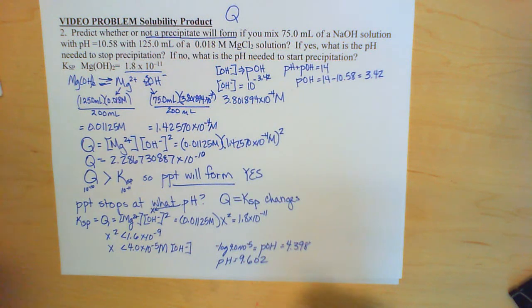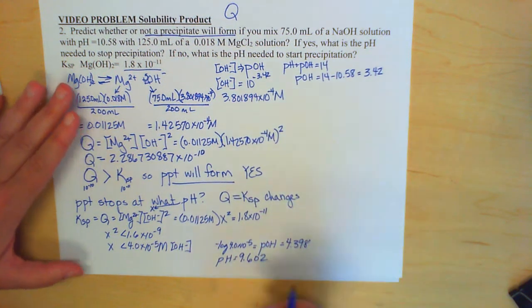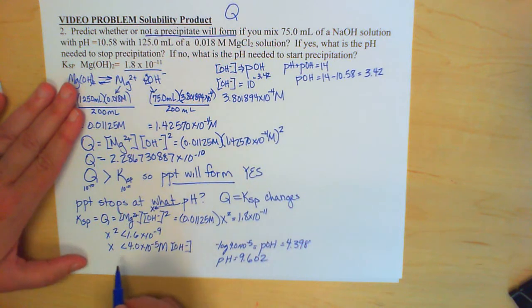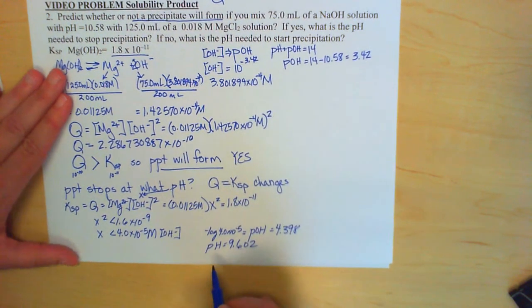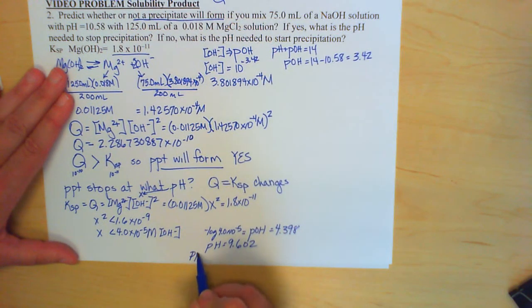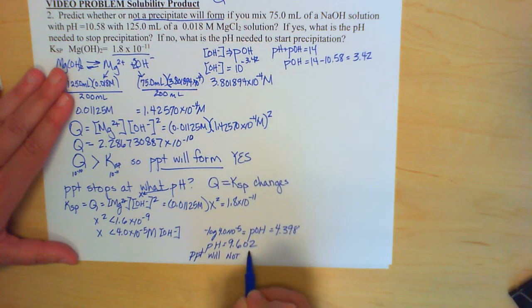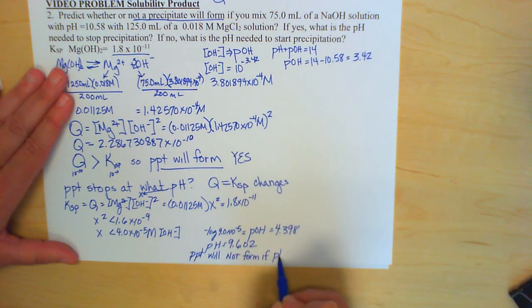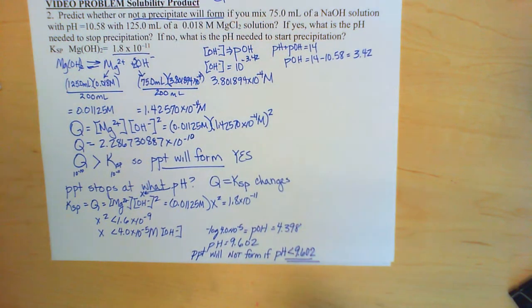If that is the case, and we need it to stop, then the precipitate will not form if the pH is less than 9.602. So that is where our precipitation stops.